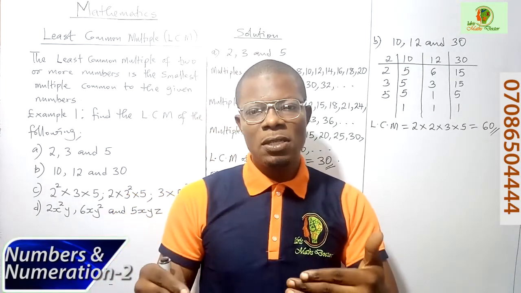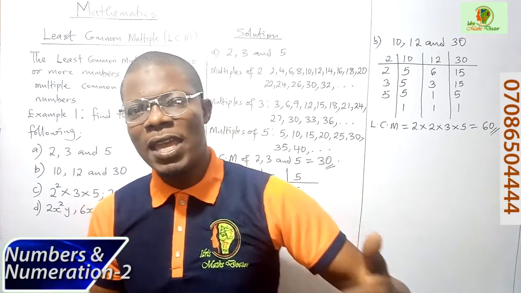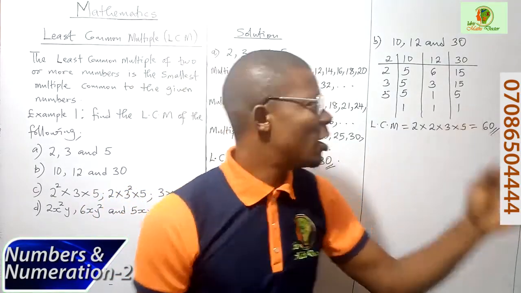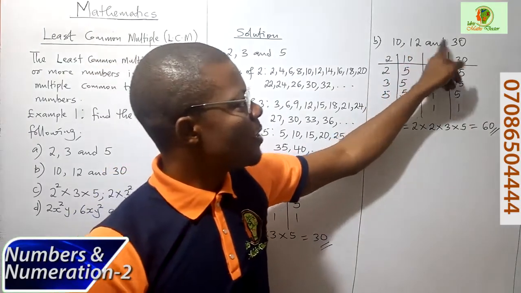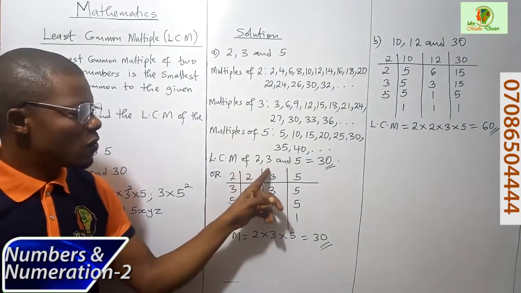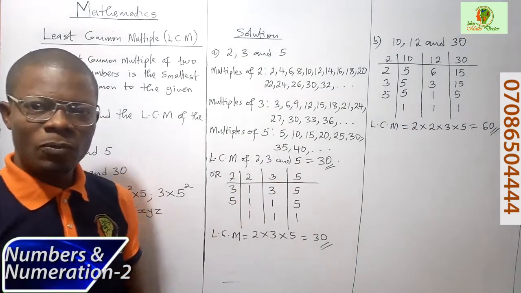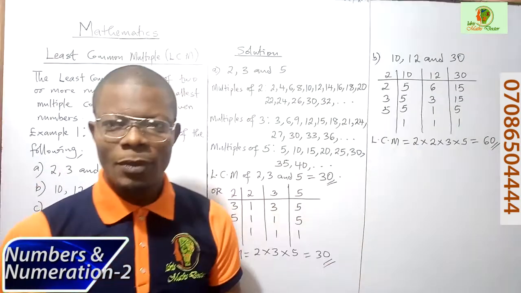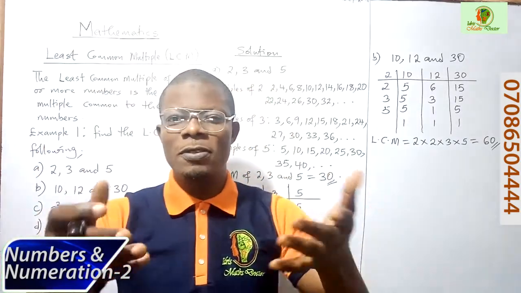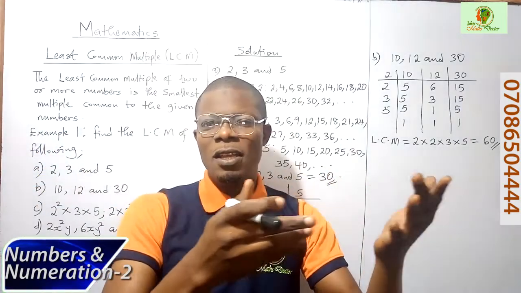Because there are some questions, they will tell you to list the first three common multiples of, let's say, 10, 12, 30, or the one I solved here, 2, 3, and 5. Once you get the LCM, don't bother yourself thinking about finding the first three common multiples.